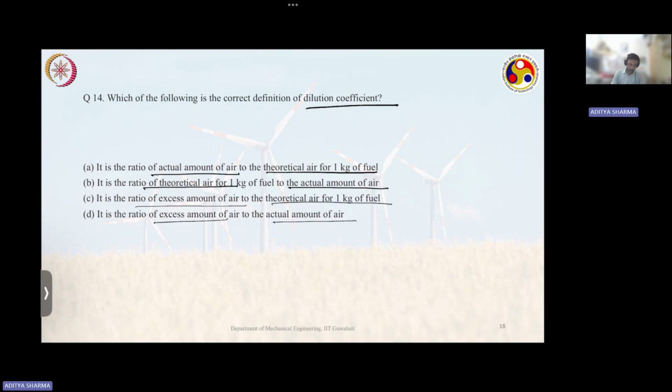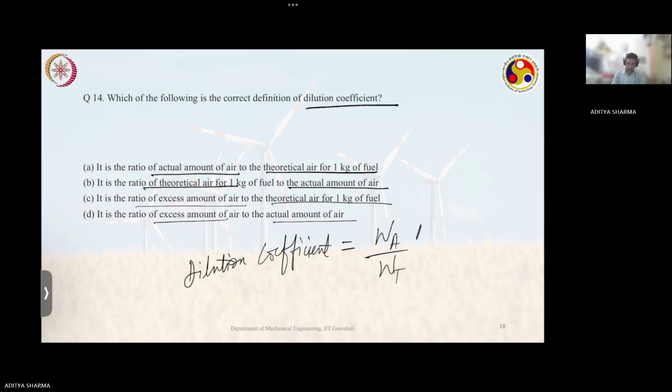So your dilution coefficient is this actual amount to the theoretical WT, right?